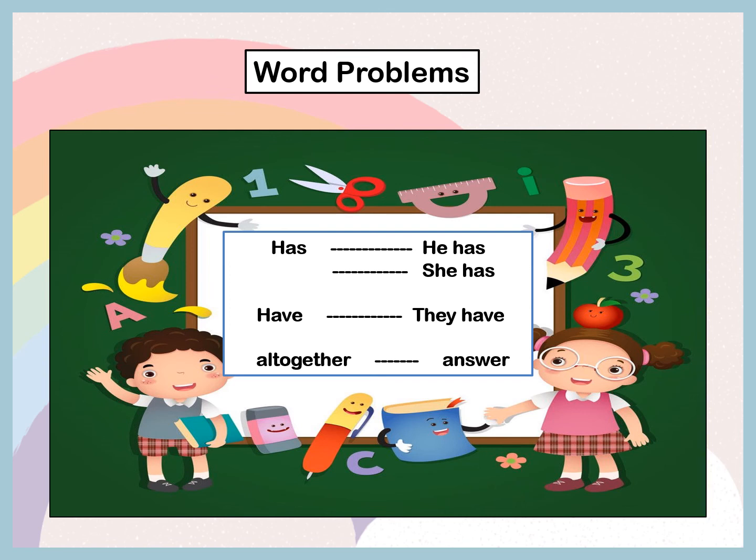Like 1 plus 1 equals 2. The answer is 2. 2 is altogether. So if you see the word altogether, then it's addition or add. Okay? Now let's try to answer these questions on the next slide.